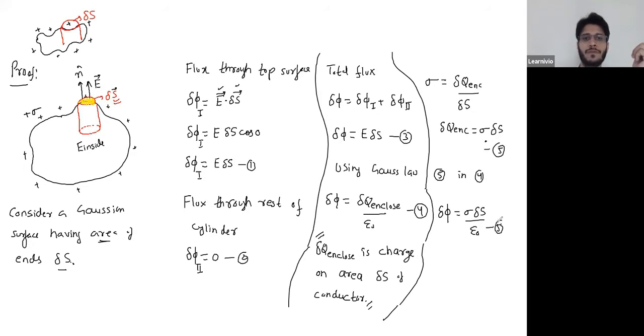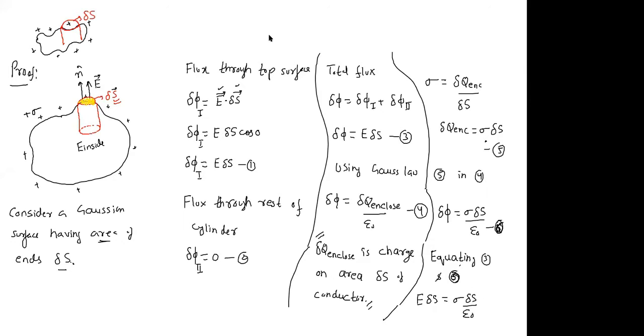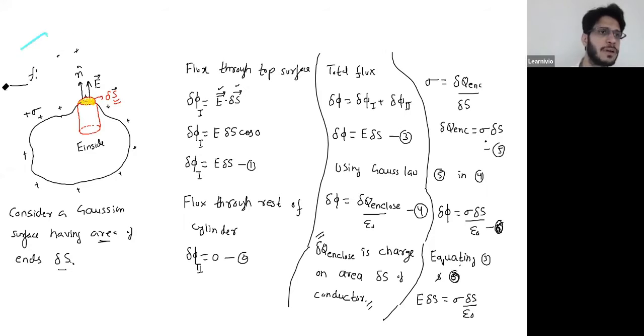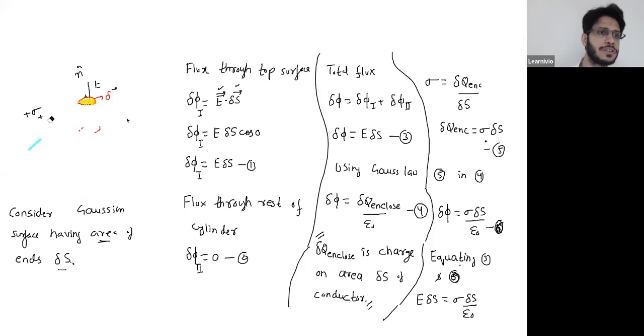That's equation number 6. Now we can easily equate 3 and 6. If we equate them, we will get E delta S is sigma delta S by epsilon naught. So you get your E is sigma by epsilon naught. So this is electric field on the surface of conductor.